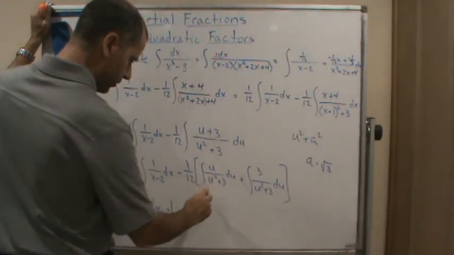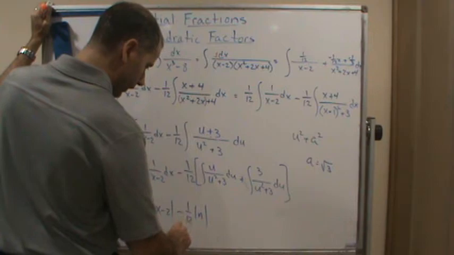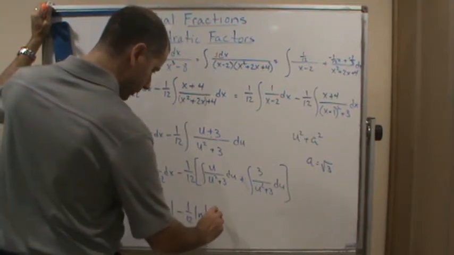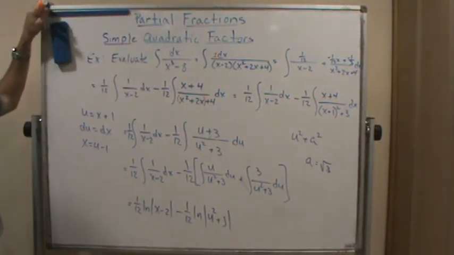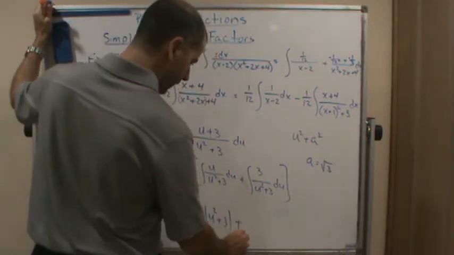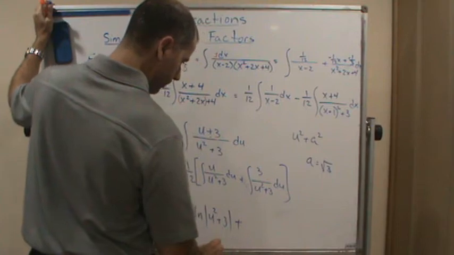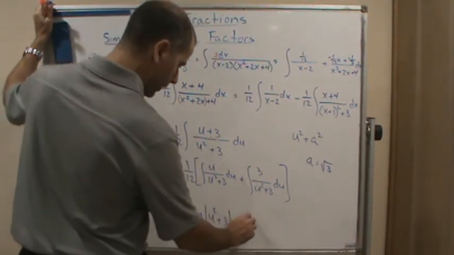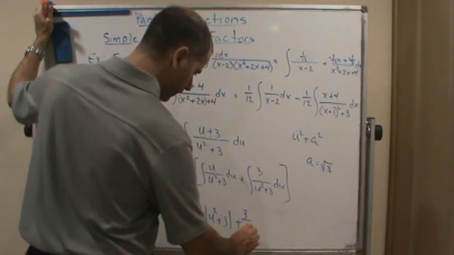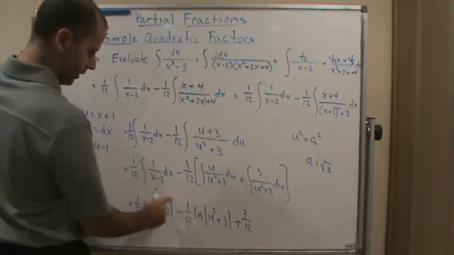Oh, this is u substitution, so this is going to be the natural log of the absolute value of u squared plus 3. And now this one here is going to become 3, so I'm going to pull it out, it's going to be 3/12, which is 1/4, right? Because don't forget this 12th here.